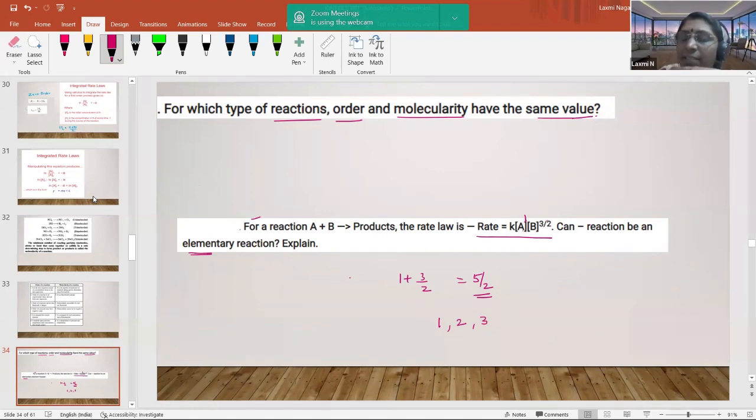We said that the sum of the exponents in the rate law would be the same as the sum of the coefficients in the rate determining step. Since the sum of the coefficients comes out to be a fractional value, and molecularity cannot be fractional, it has to be a whole number. Obviously, this is not an elementary reaction.